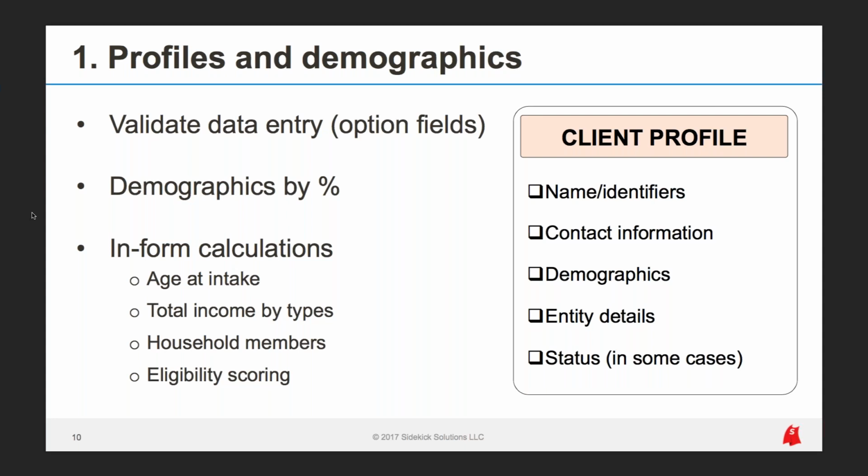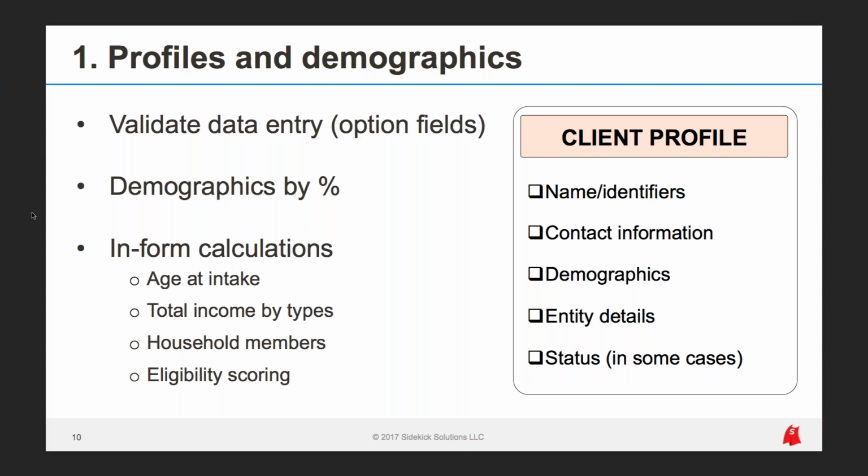Now, your profile form, depending on how your database is structured, may go by a different name. Might be something like intake or face sheet or demographics page. But the principle of the form is the same. In Apricot, a profile form tracks the demographics, the contact information, and any other details of a particular entity that engages with your organization.